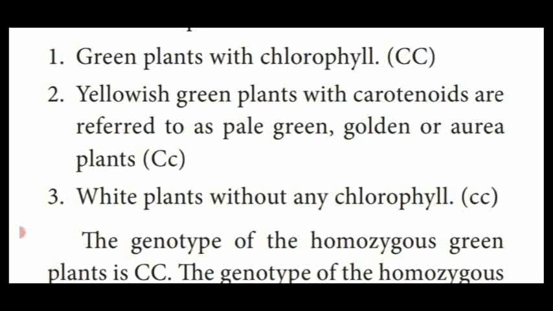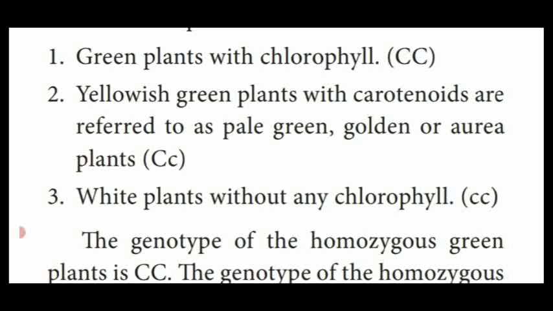It contains the alleles capital C and small c. That's why they are called yellowish green. Yellow is opposite to green, recessive, so it is denoted as small c. Capital C, small c is denoted as yellowish green or pale green or golden color or aurea plants.